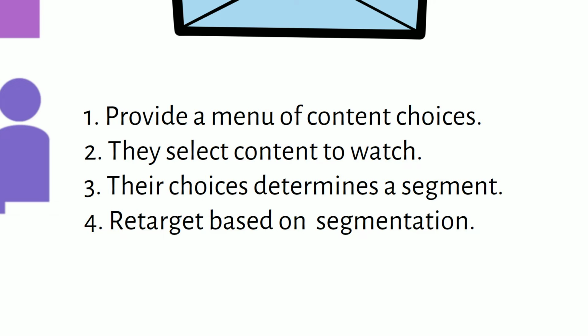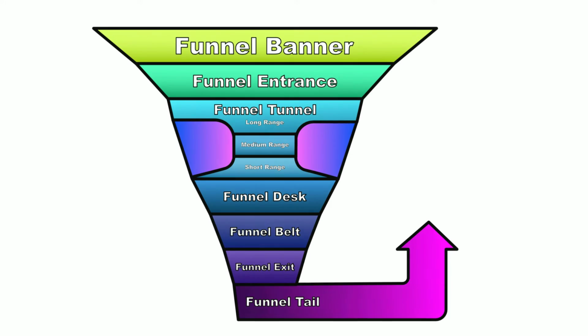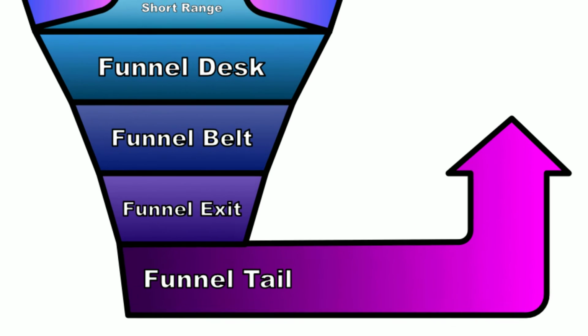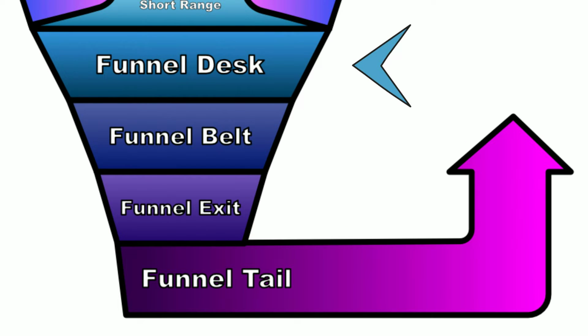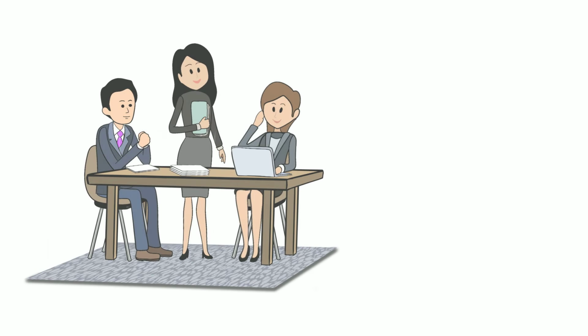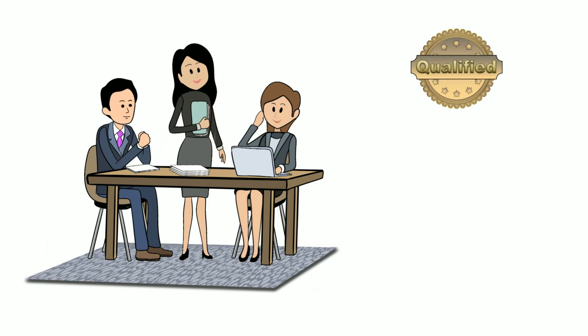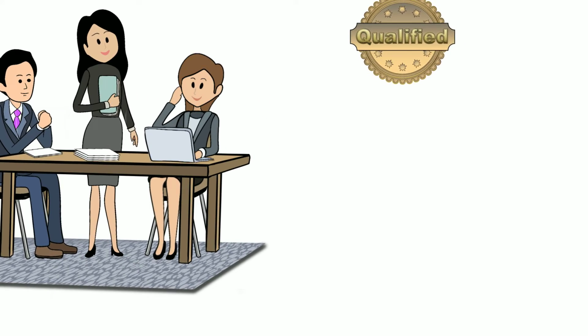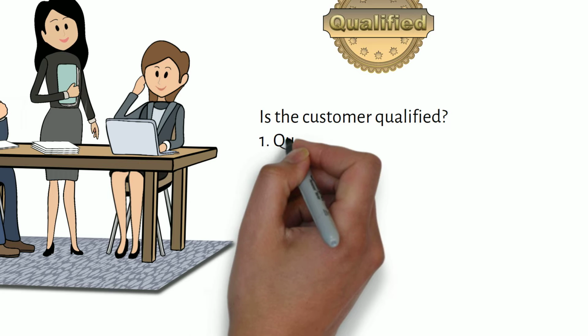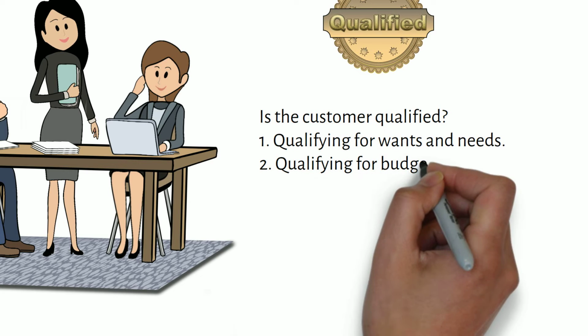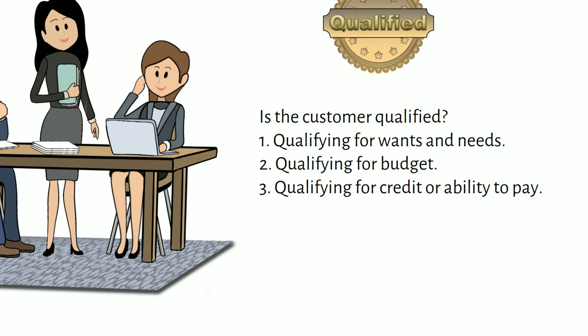Number 4. The category named Funnel Desk refers to the stage of the sales funnel where the customer is now more qualified and has demonstrated a willingness to consider making a purchase with you. But they are not yet fully qualified for their ability to complete the transaction, which includes their ability to pay. In a service or agency-related industry, this involves sitting down at a desk, qualifying their wants and needs and financial capacities.